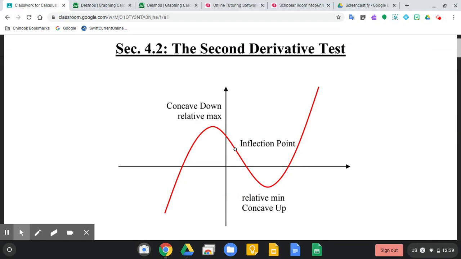Today I want to have a look at section 4.2, which is the last section of notes for this particular chapter. I need to stop and go backwards a little bit. If you watch the section 4.1 video, you might have heard me keep saying the expression first derivative.